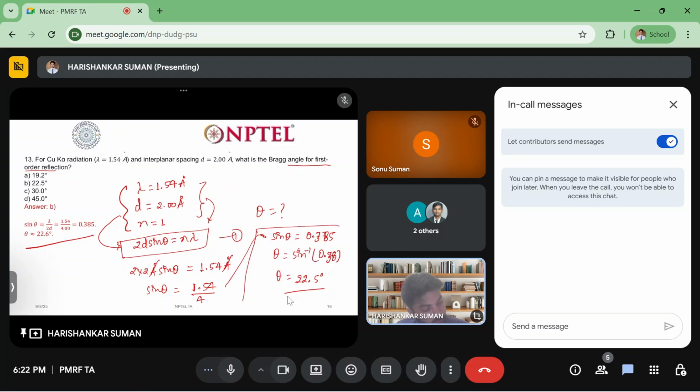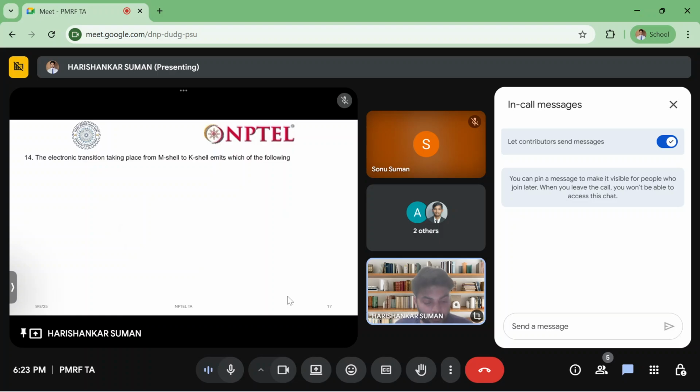Now please check whether this is the correct answer or not. So here is the solution we did. Like that we can find theta. If the information is given for 2d sin theta equal to n lambda, please use this equation. We can solve for one unknown from there. Got it? So let's see the next question.